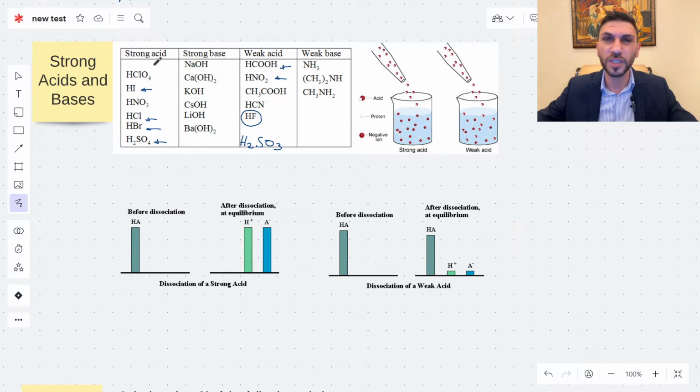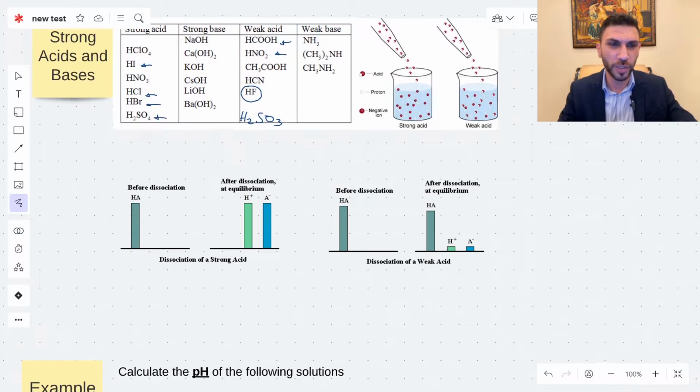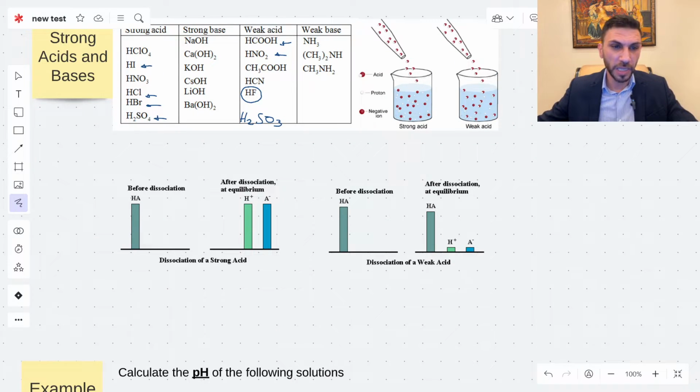All right. What is the difference between strong acid and weak acid? Look here. For example, if we have the acid HA, and when you put it in water, if HA is a strong acid, it will dissociate completely.